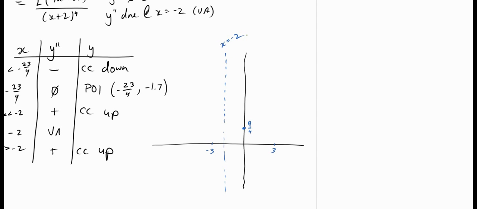My horizontal asymptote is at y equals negative 1. What else? I think that's good.